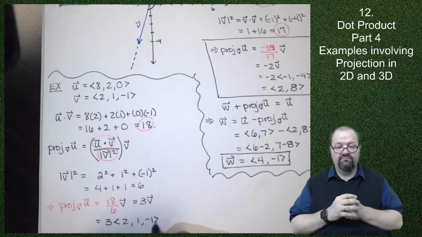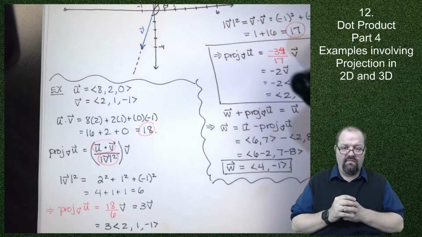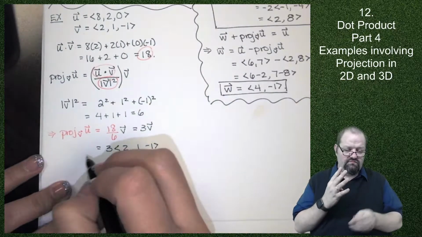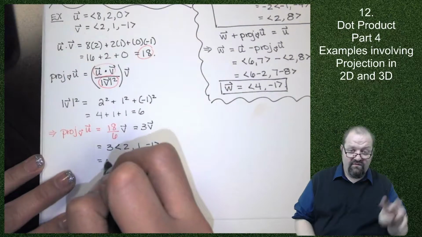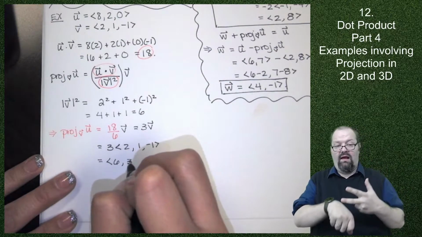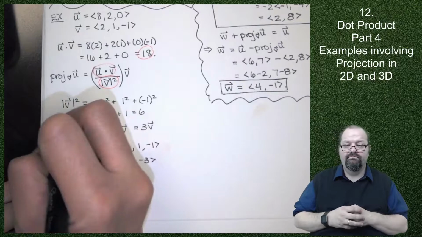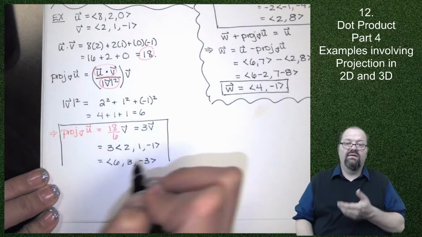I'll write my vector V in, and I'm going to distribute that scalar in the same direction as V. That's good, 3 times as long. And that's the projection of U onto V.